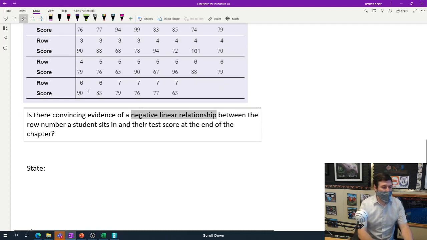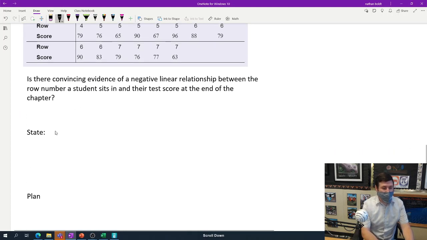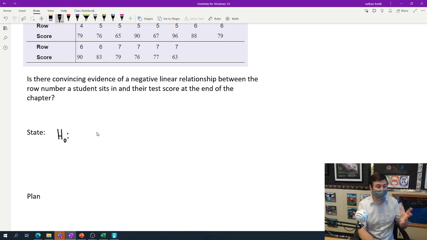So our null hypothesis here is that there's no relationship. It doesn't matter where you sit. It's all random kind of thing. All right, no relationship. So this one will be a slope of 0. Our null is that there's no relationship between your grade and where you sit.